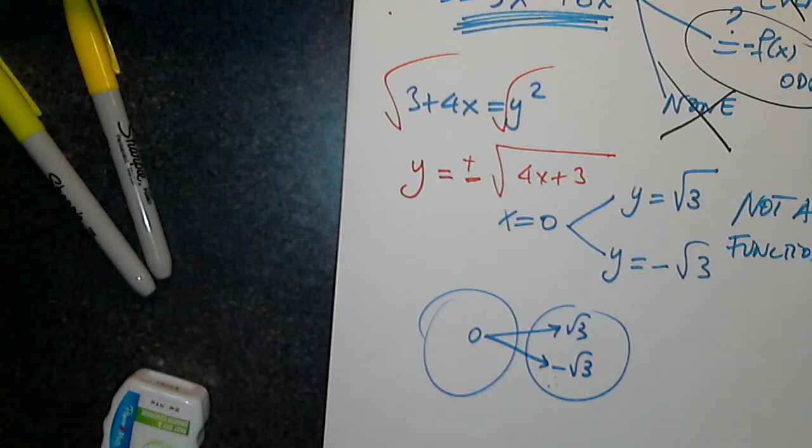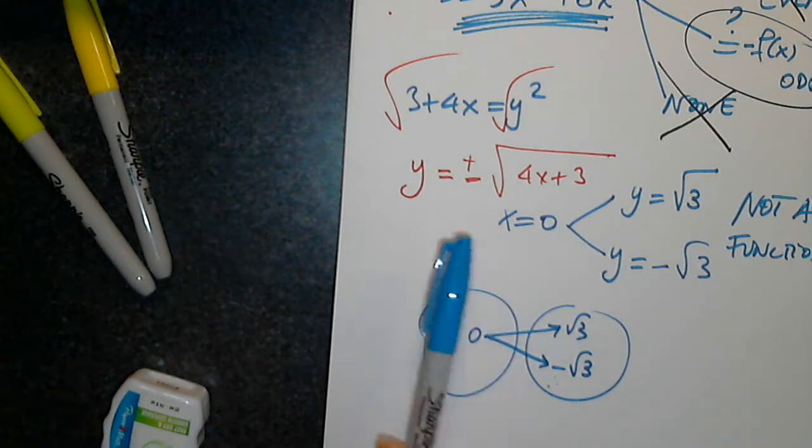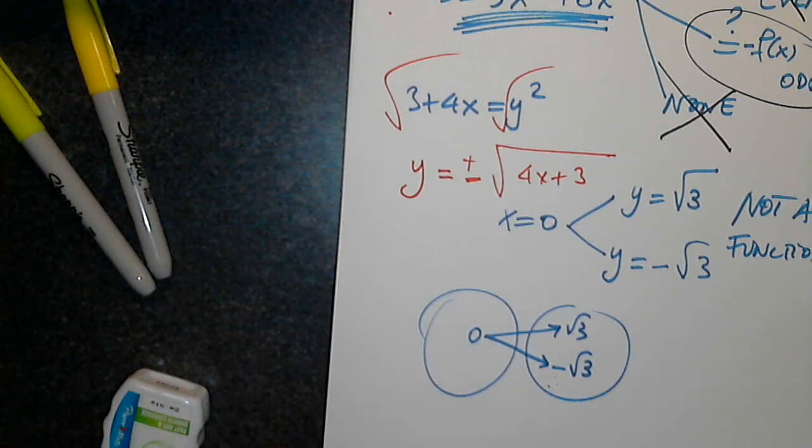So if you remember, this is the square root of 4x plus 3, but where is negative the square root of 4x plus 3? And by the vertical line test, it's not a function. If you just write that because of the vertical line test, that's fine. But the best thing is to take the square root. Any questions? Is there anything else?